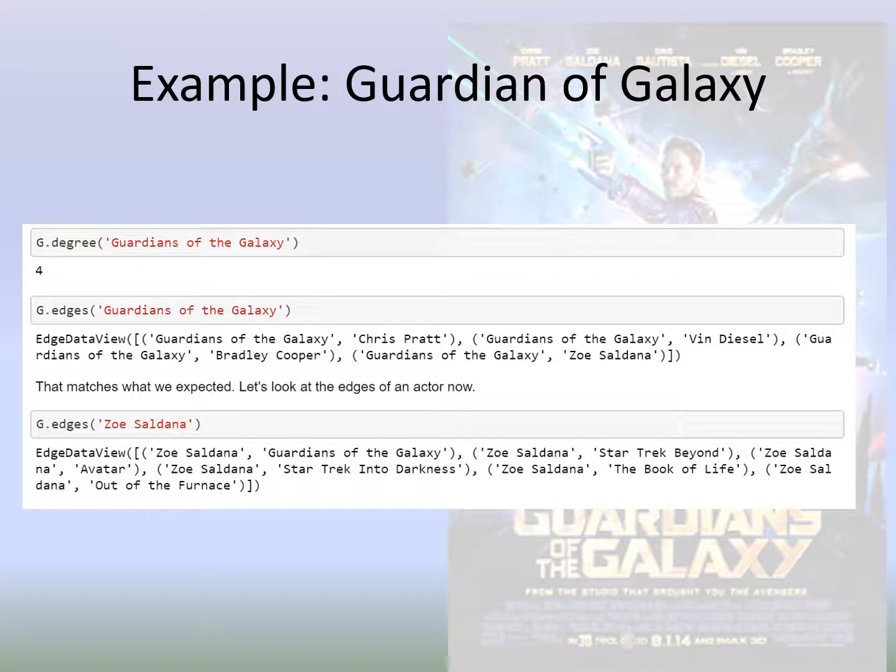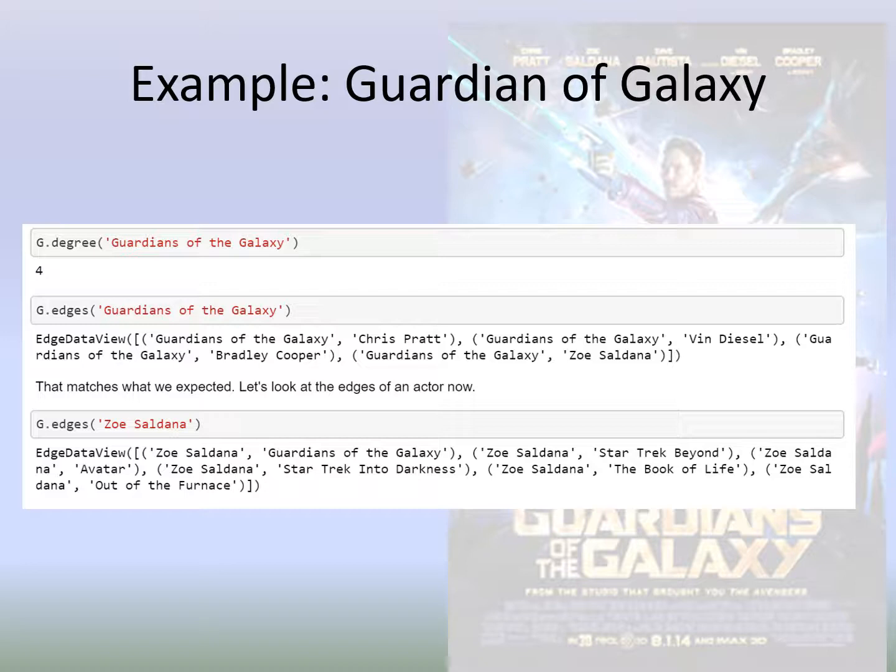Here is an example using Guardians of the Galaxy to test this new network. Here we got the degree of 4 for the movie, and this is the edges of this movie, and we can see the title of the movie and one of the actors here. Just like the transformation, one row has one actor.